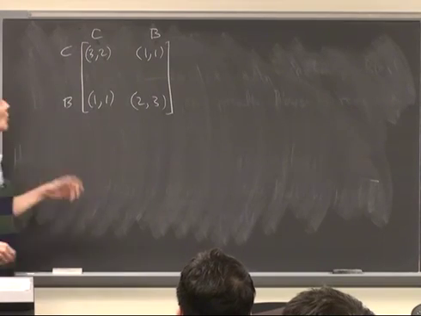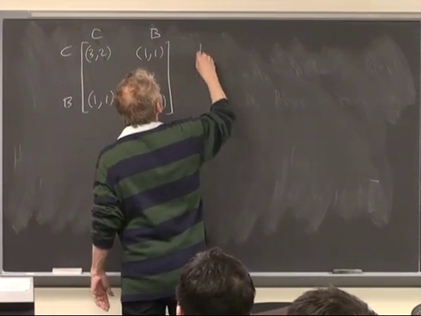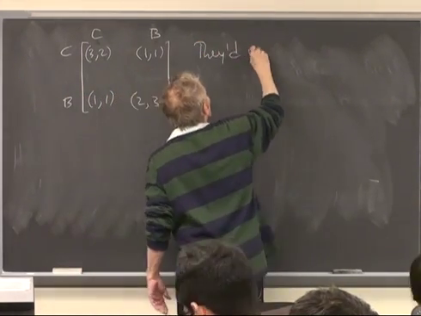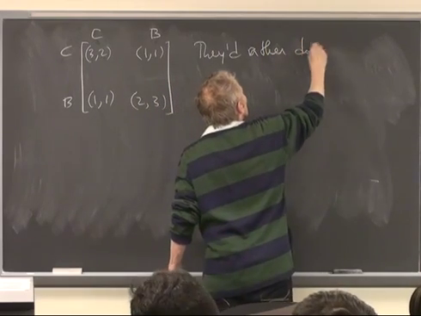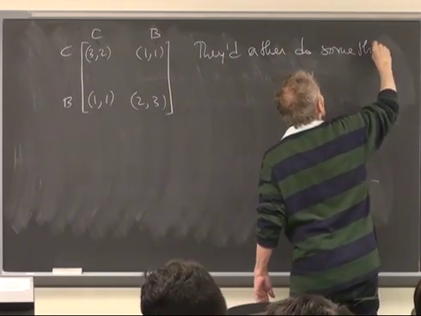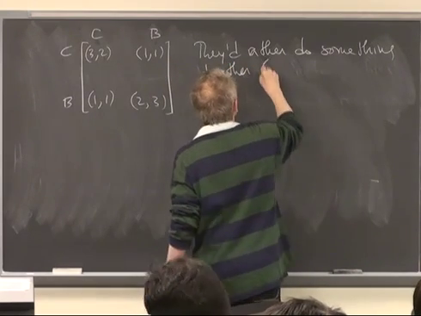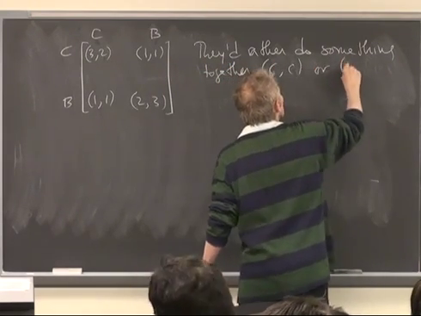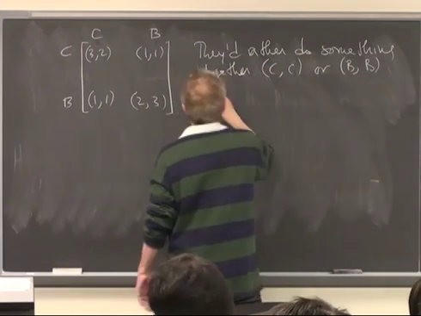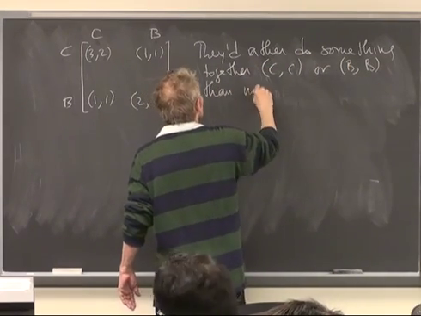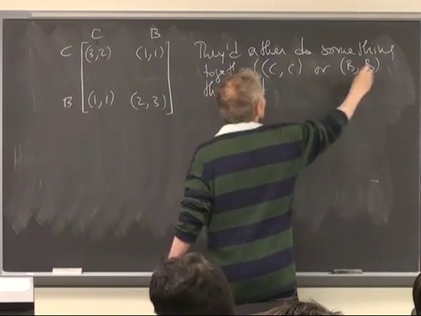So the point is, they would rather do something together, CC or BB, than not, which would be the other ones.